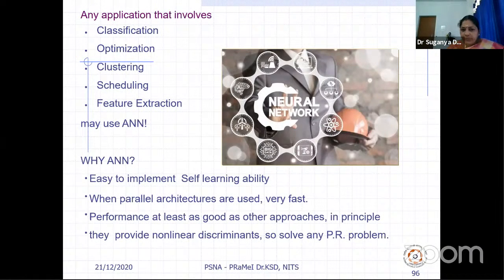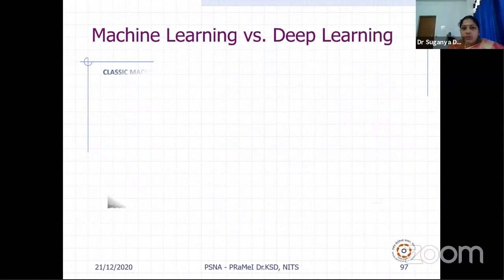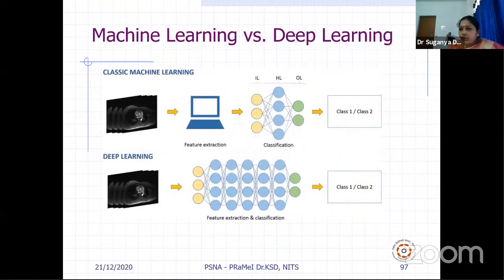It is easy to implement self-learning ability when parallel architectures are used, it is very fast, and performance is at least as good as other approaches in principle. They provide non-linear discriminants, so they solve any kind of PR problem. So in one line, we are depending on artificial neural networks for pattern recognition systems.